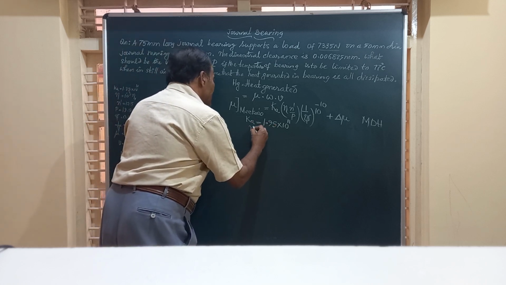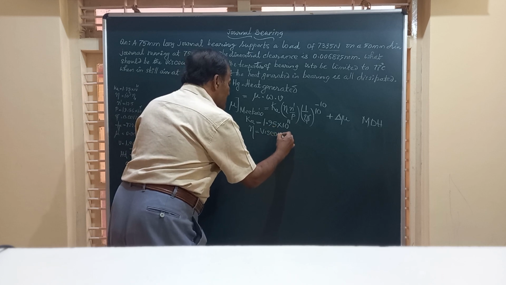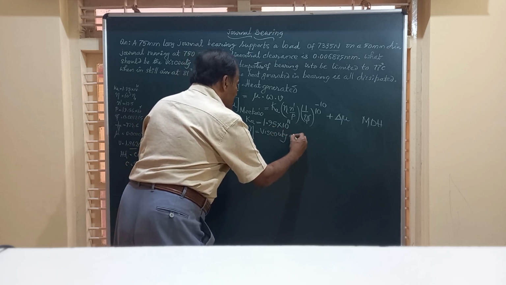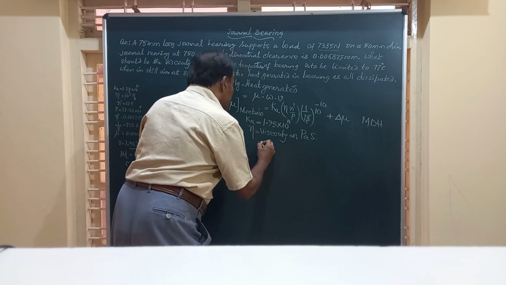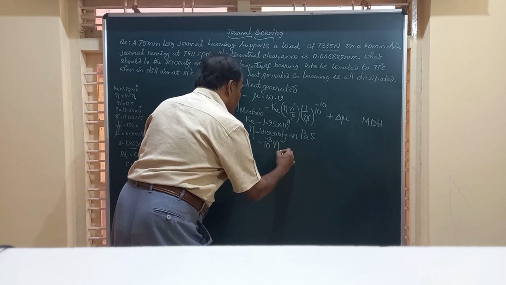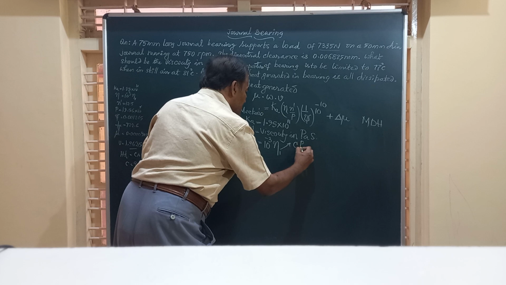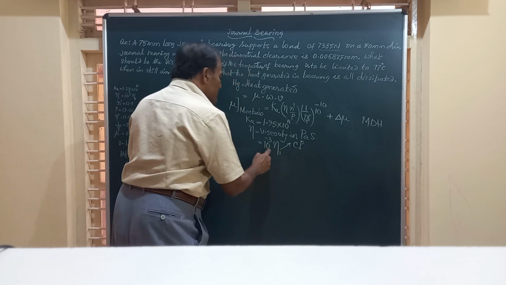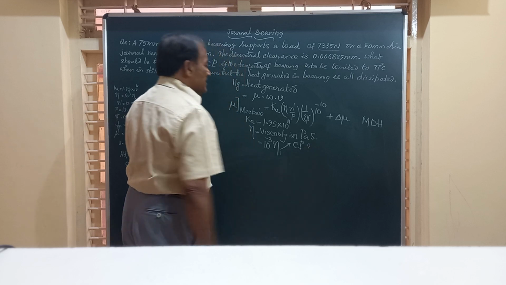Then friends, eta is the viscosity of the oil, viscosity in Pascal second. That's nothing but 10 to the power of minus 3 eta 1, where this eta 1 is in centipoise. So we have to find out this value of eta 1, that is under question mark.